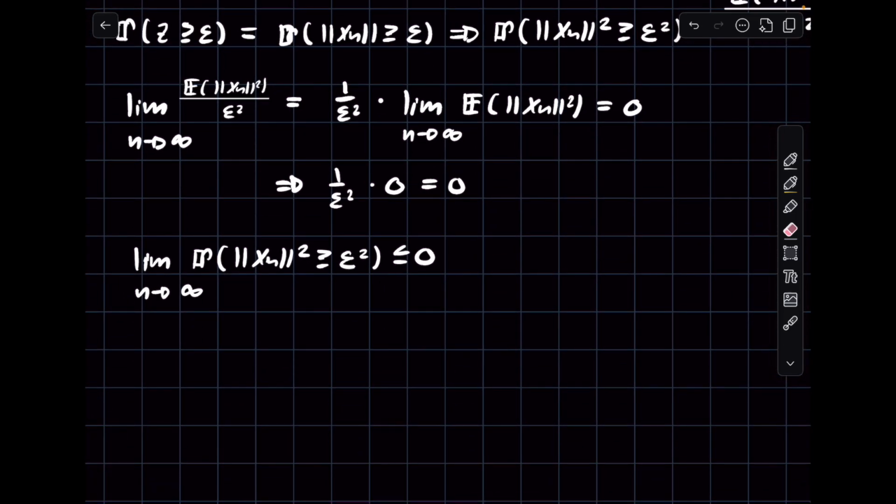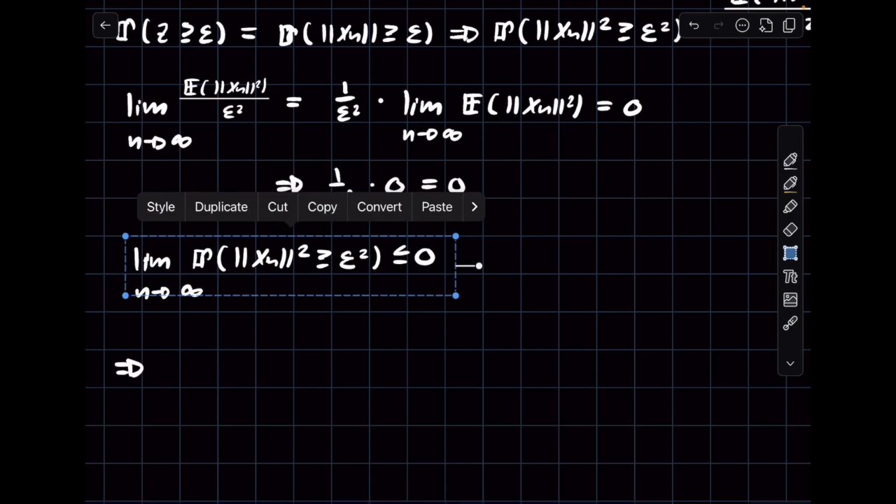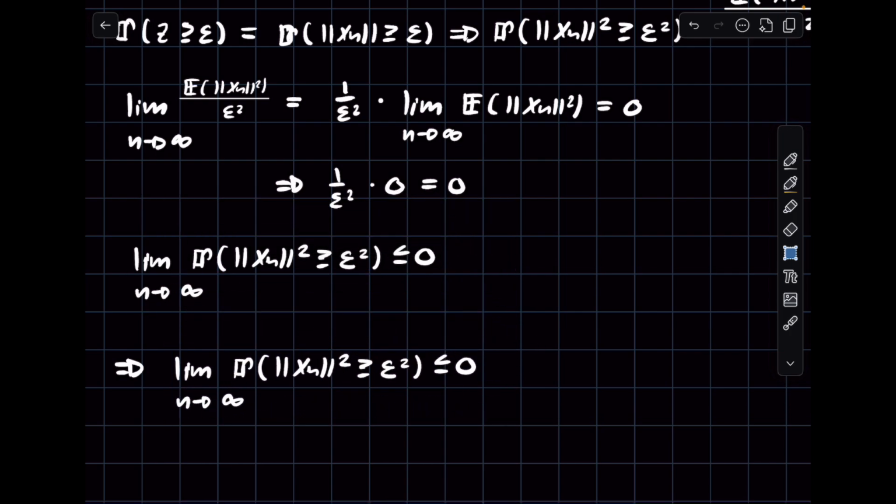So this will indeed turn into the limit. And because probability cannot be negative, we remove the squared here, and we can simply say that this is equal to 0.